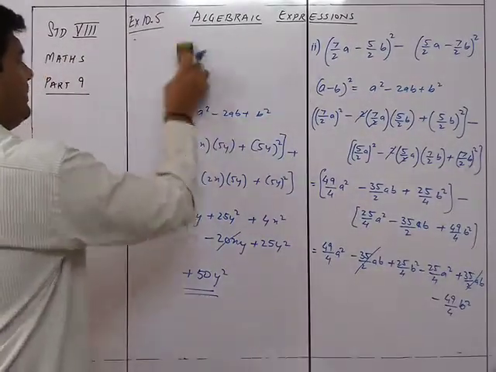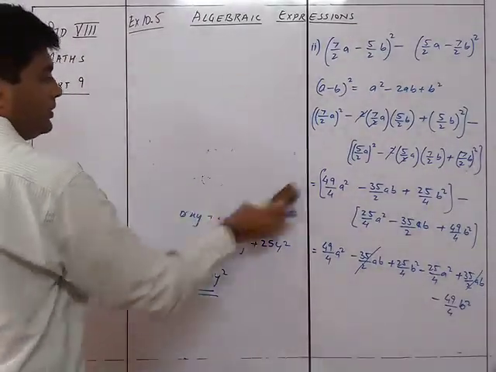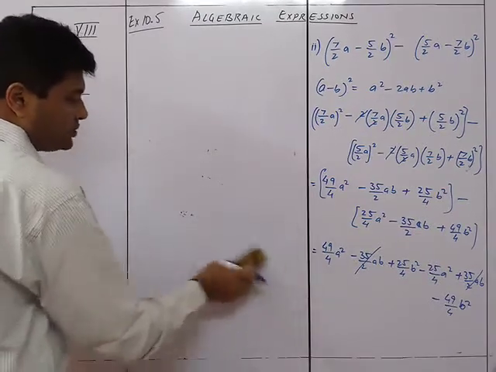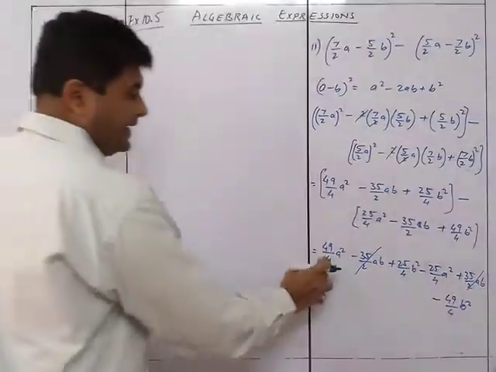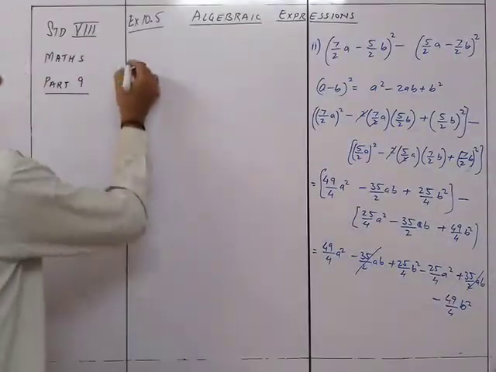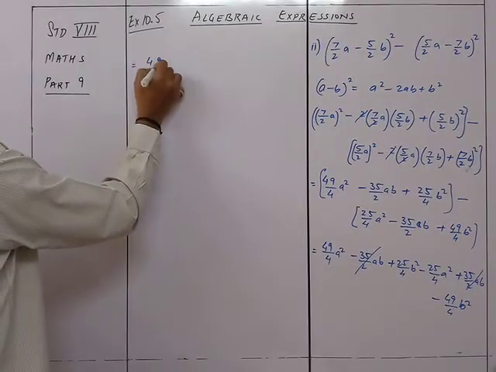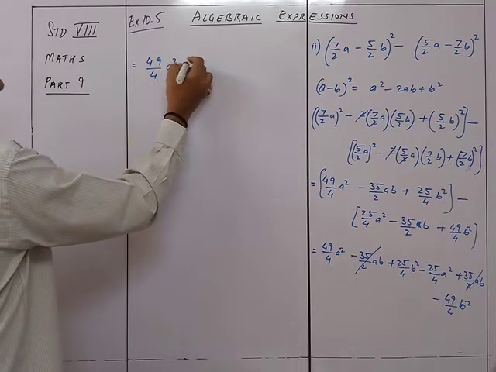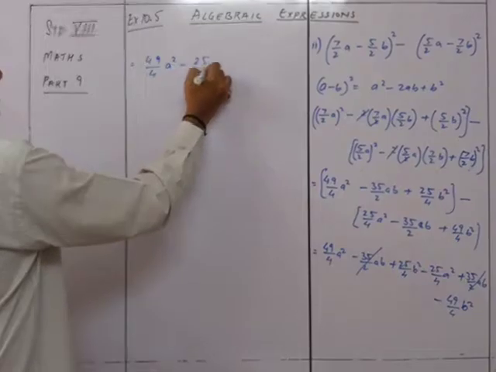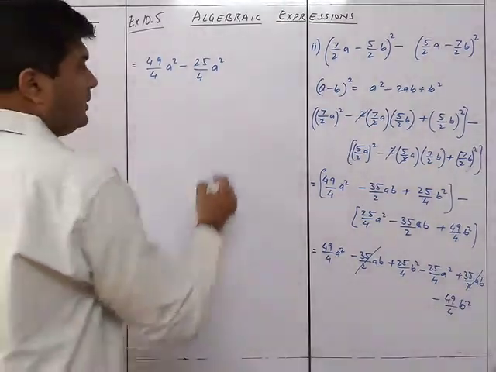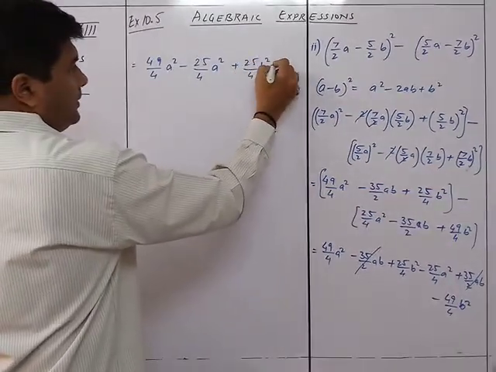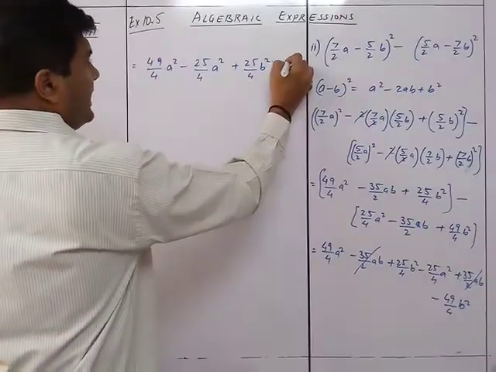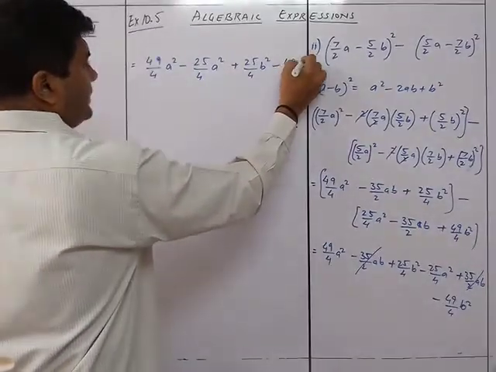So now what remains is the square terms on the two sides. First, we'll take the a's together. So it will be equal to 49 upon 4a square minus 25 upon 4a square plus 25 upon 4b square minus 49 upon 4b square.